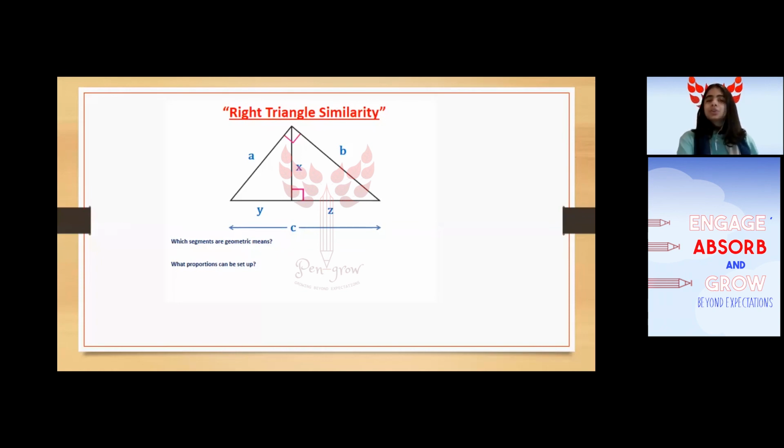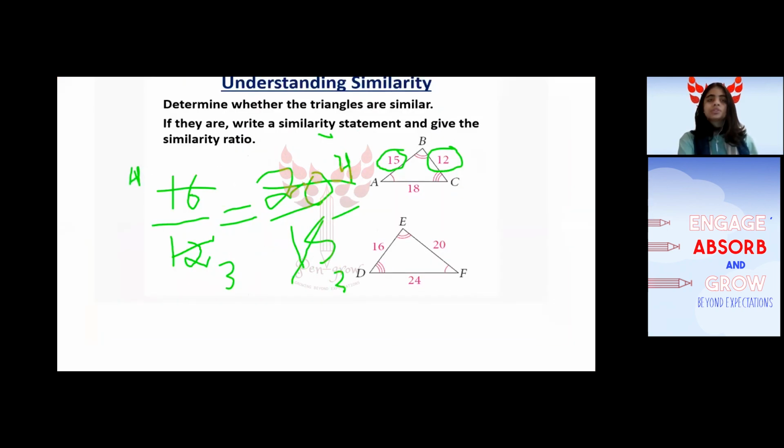So let's say here we know that the bigger triangle, this triangle, is similar to this triangle. And we already have one of the angles. So we can easily say what 2 sides will be proportional. So let me just come to this.